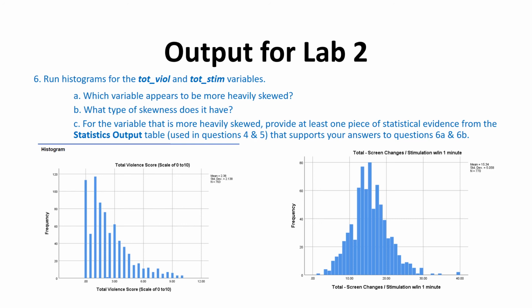You can look at a histogram, which is what we're doing right here, but also you can look at various statistics. Remember, you could talk about the relative positioning of the mean versus the median. Also, you can just look at the skewness statistic itself. So that's what I'm getting at in 6C. I want you to pick one of those other statistically based choices to see whether or not it supports your answer about which one has a heavier level of skewness.